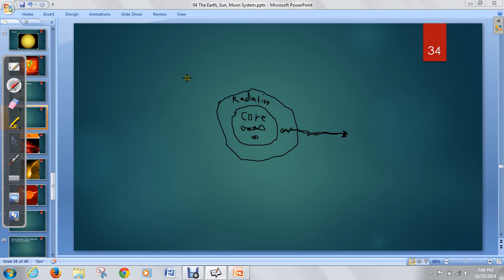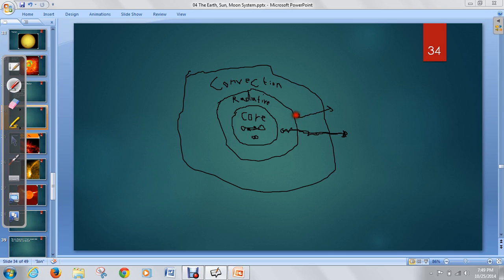Then there's the convection zone. I apologize, I can't write very well or draw perfect circles with a touchpad, but you get the point. Its job is to take the core's old material, all this helium that's been used up, and pull it out of the core and bring it out.